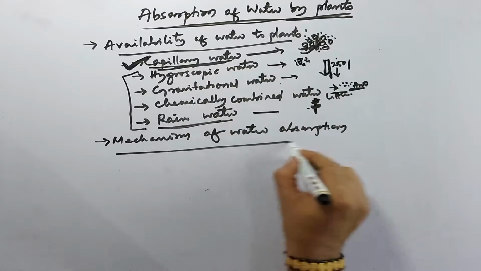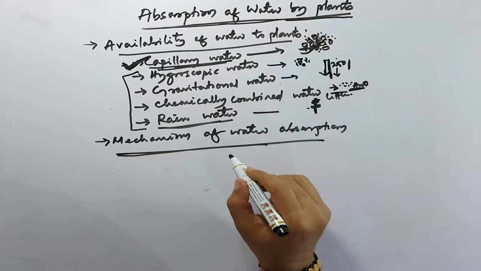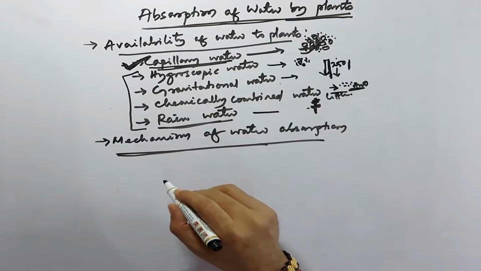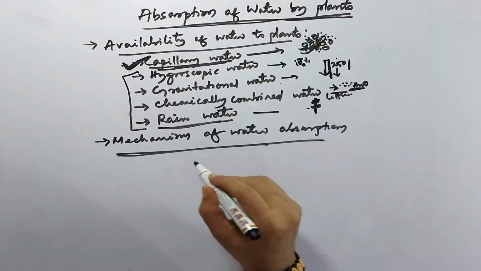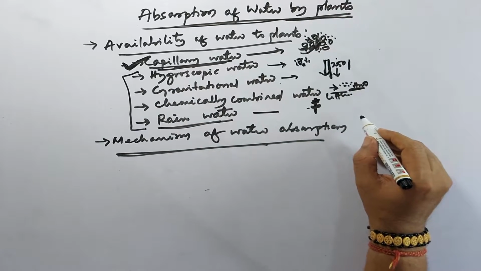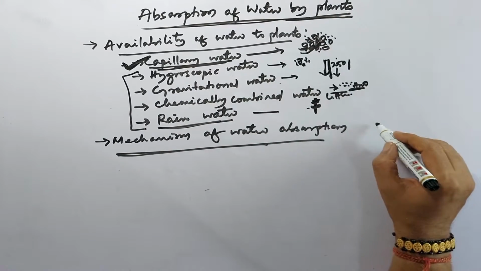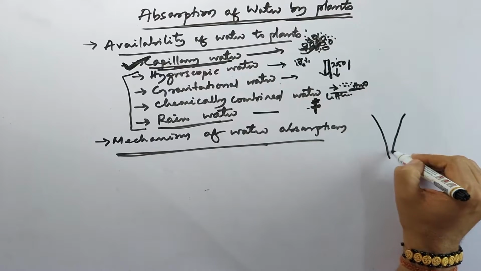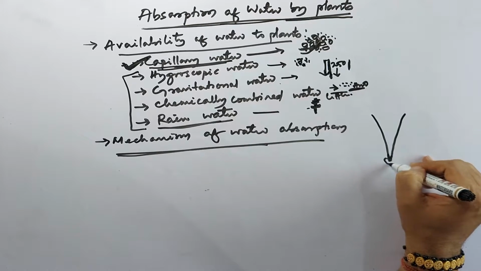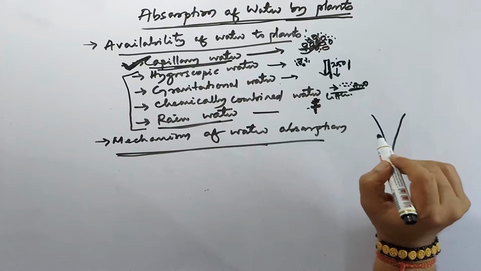Before going to discuss this, we will discuss which part of the root is practically involved in the process of absorption. We can see particularly the region of the root which participates in absorption.